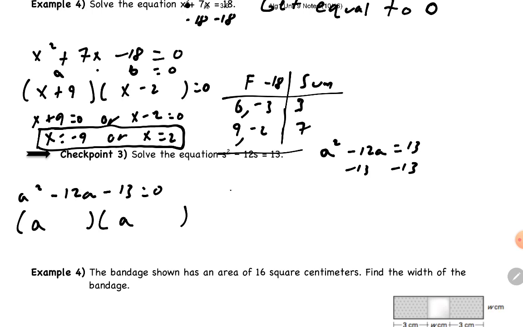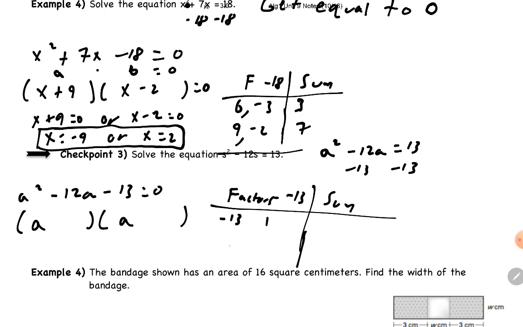So two numbers, factors of -13, and then we got a sum. So we only have -13 and 1, and +13 and -1. This gives me -12. This gives me +12.